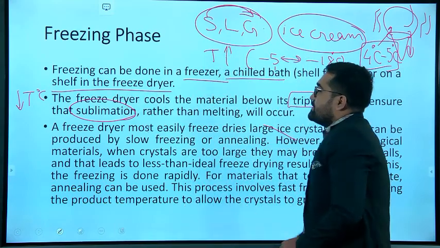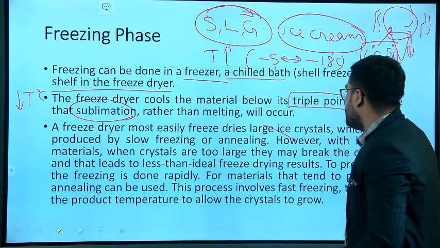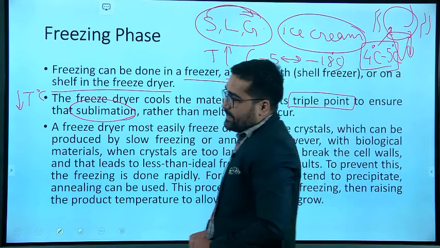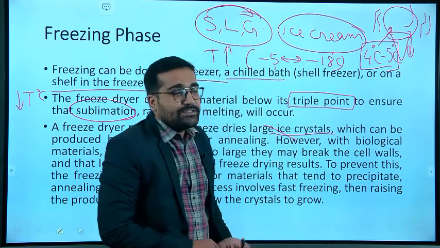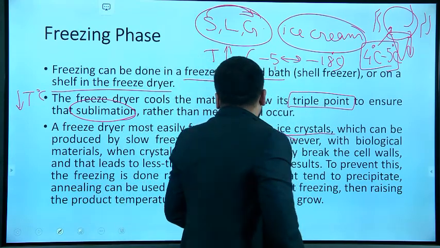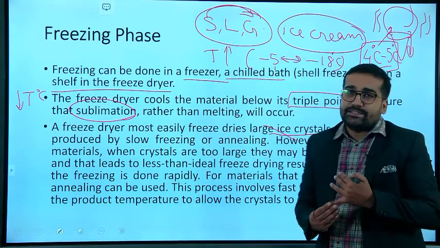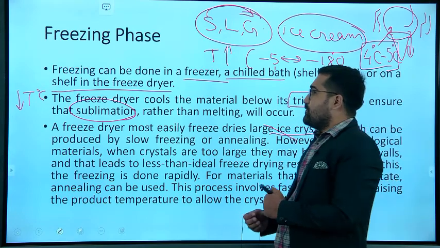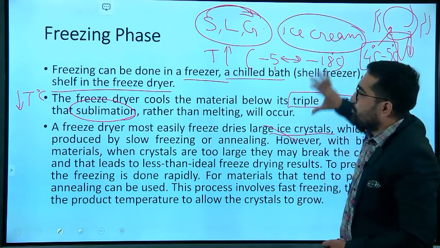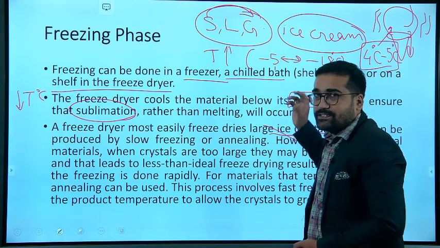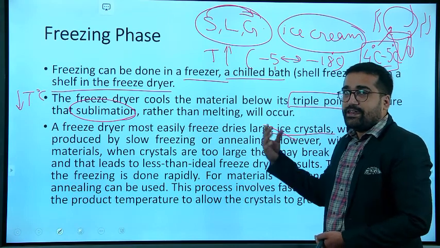Next, freeze drying is most easily done when the ice crystals are small, because large ice crystals cause problems. Here we are talking about the size of the ice crystal. When we are freezing our product, the ice crystals form, and these ice crystals can be large or very large.